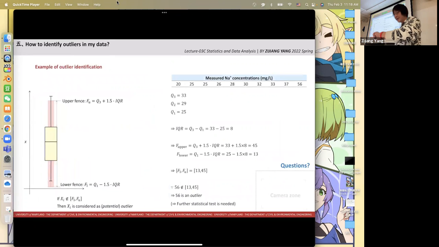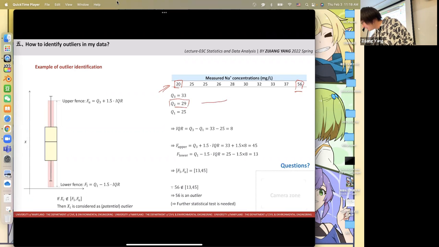So let's look at an example. Suppose we have the data here, and the first thing we need to do is reorder it from small to large. Here I have already reordered the data. Based on the data, first we find the minimum value, which is 20, and the maximum value, which is 56. Then we can find the median.